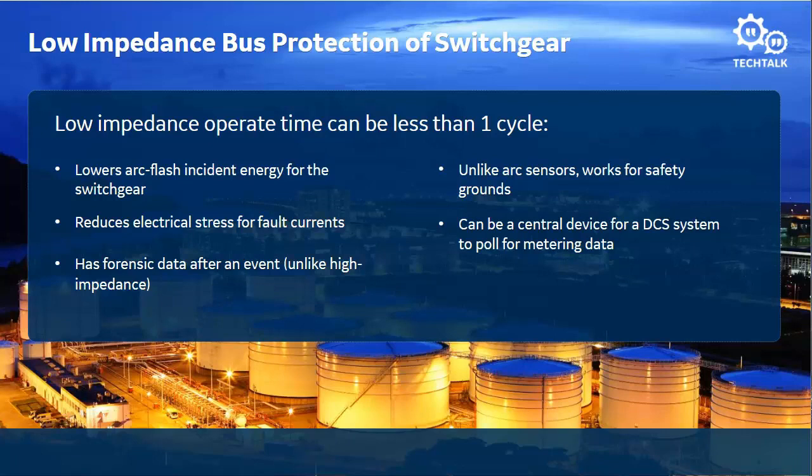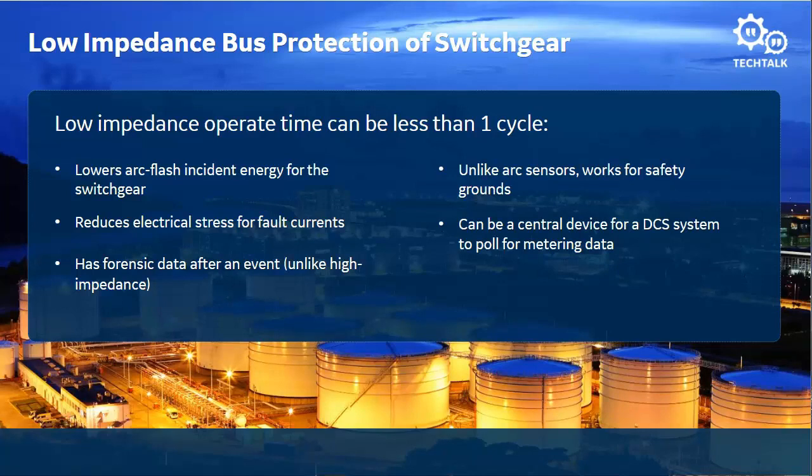Now, the reason that we want to do this for a large switchgear lineup, a large industrial switchgear lineup, is because we can operate in less than one cycle. One of the things that does for you is that it can lower your arc flash incident energy because we're operating faster. Now, remember that's one cycle for the protective device.